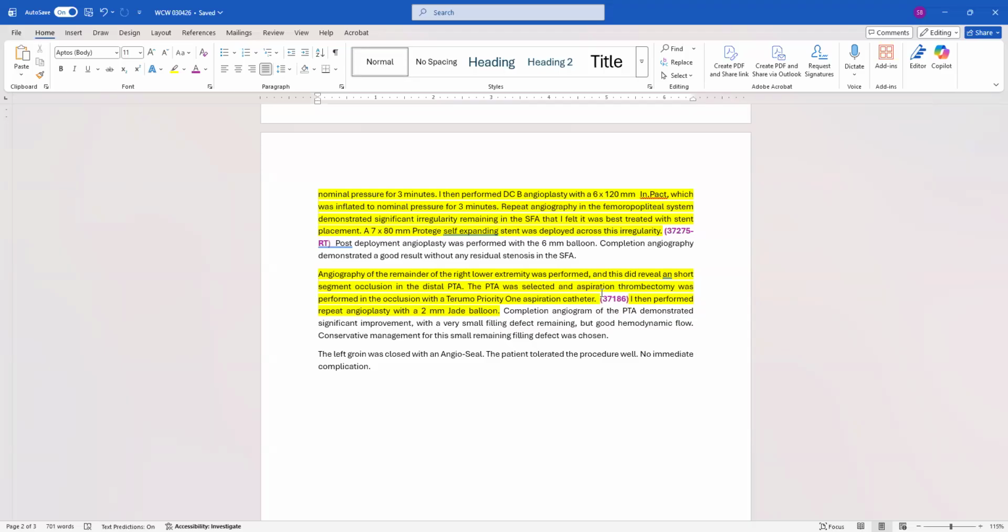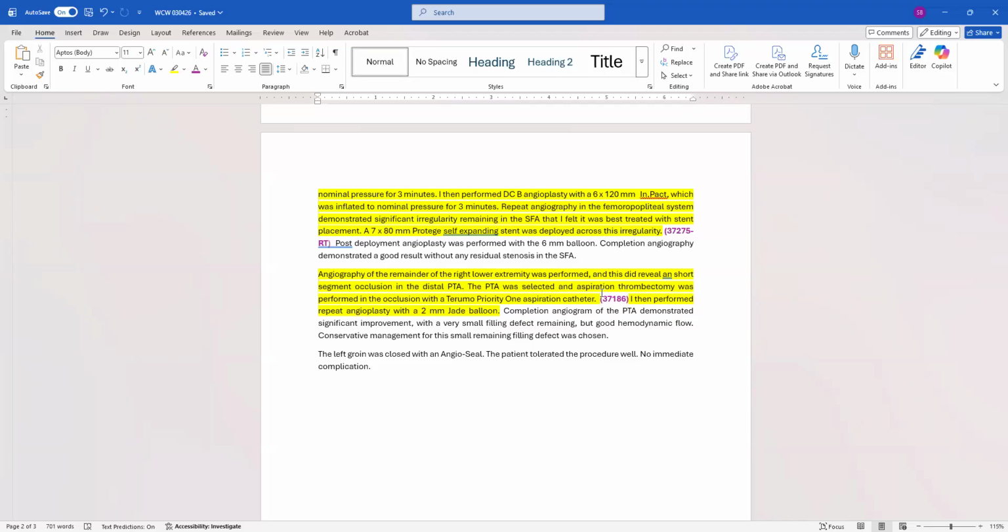When we go down to that last paragraph that describes the steps of the procedure, it says that angiography of the remainder of the right lower extremity was performed, and this did reveal a short segment occlusion in the distal posterior tibial artery. The posterior tibial artery was selected, and aspiration thrombectomy was performed in the occlusion with the Terumo aspiration catheter.